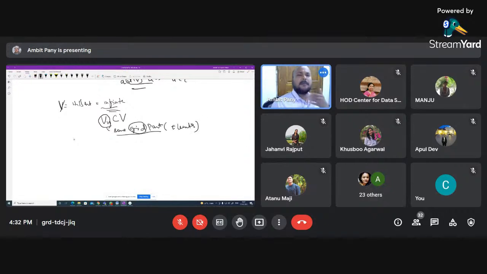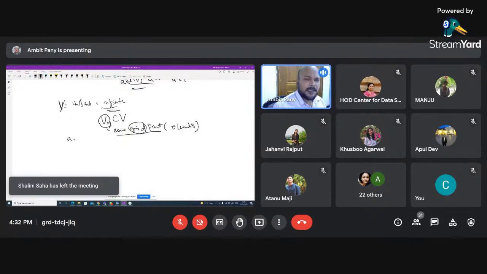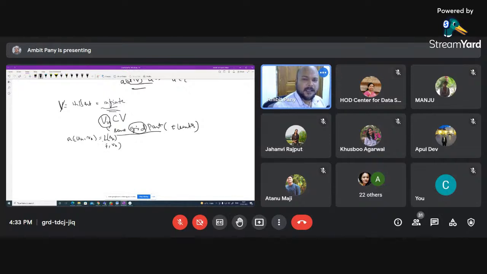So that is the concept of finite element. Once I have the weak solution, I can convert it to a(uh, vh) equal to L(vh), that is, F of vh. That is happening in the case of the finite element space.